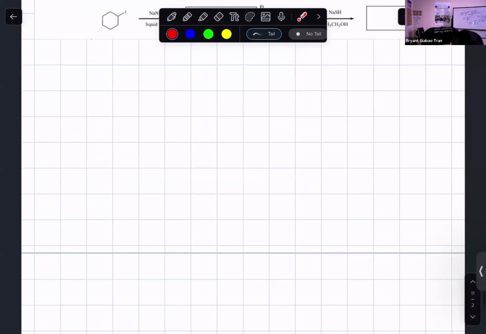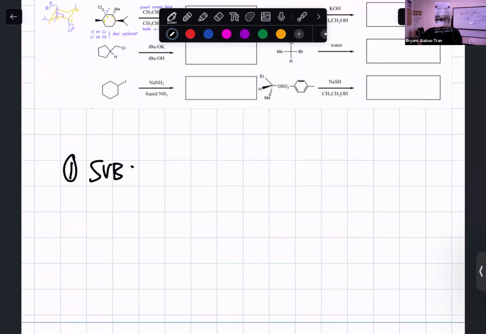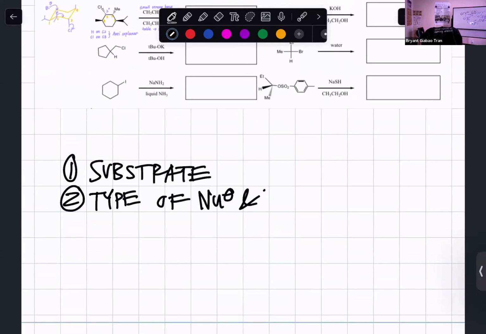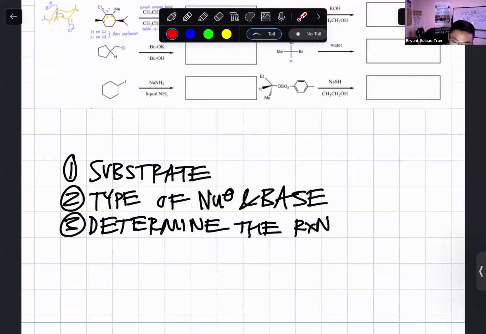But to use this chart right here, here's the step-by-step thought process on what I do. I first look at the type of substrate. Then I look at my type of nucleophile and base. And then I determine what reaction I have. Then you can use the chart, or if you understand it, which will take a little bit longer time.